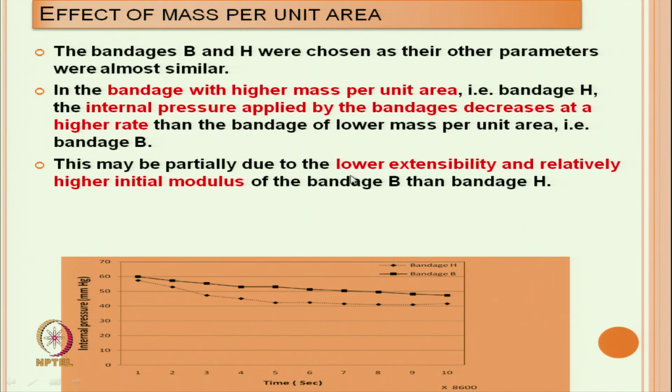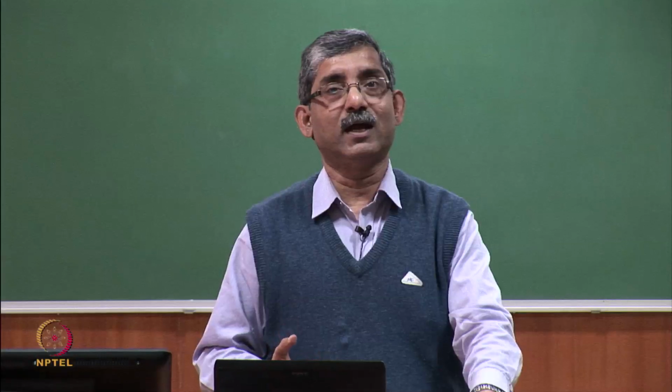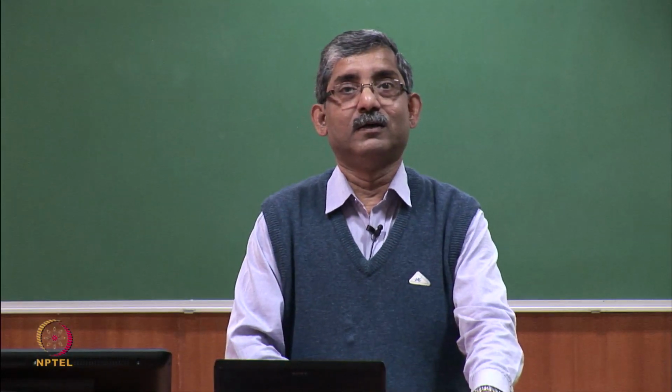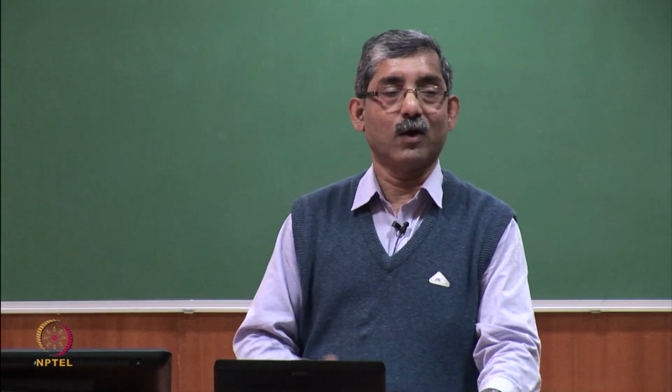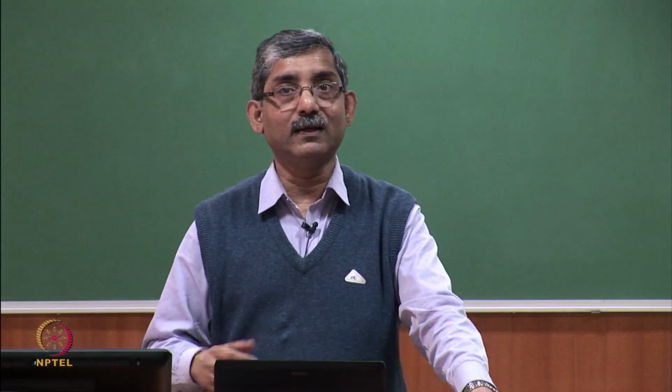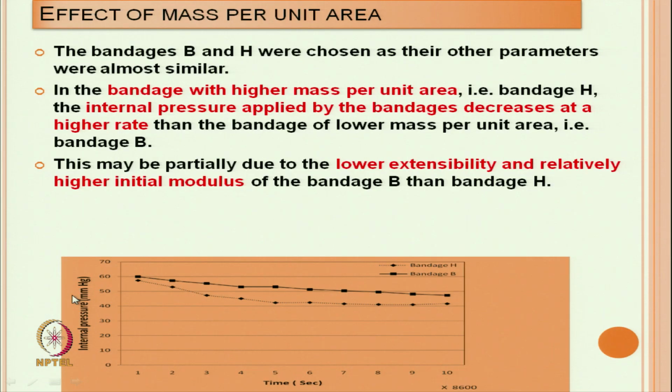This may be partially due to the lower extensibility and relatively higher initial modulus of bandage B than bandage H. So, to retain pressure even if the bandage is lighter, that is, the mass per unit area is low, if we use a bandage with higher initial modulus or lower extensibility, then also it can retain the pressure. So, the pressure drop will be less.